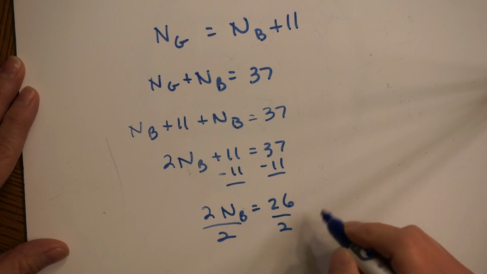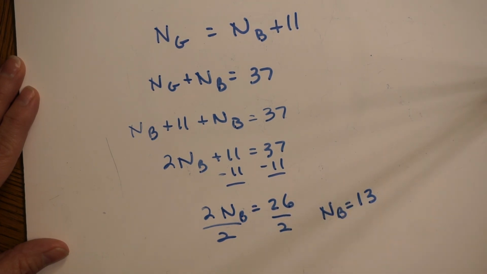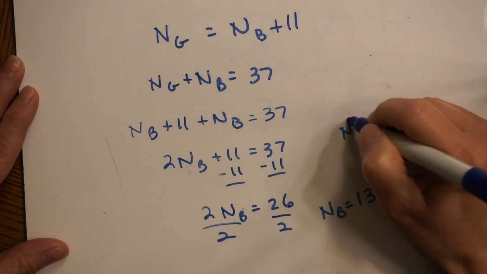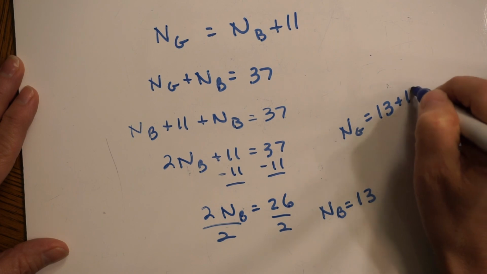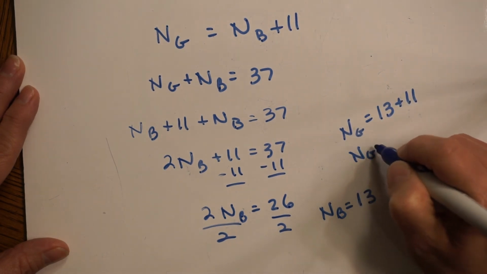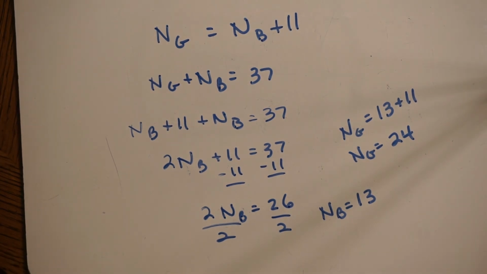Divide both sides by 2. So the number of boys is equal to 13. If the number of boys is 13, number of girls is the number of boys plus 11. So the number of girls would be equal to 24. And we'll check that, and that is correct.